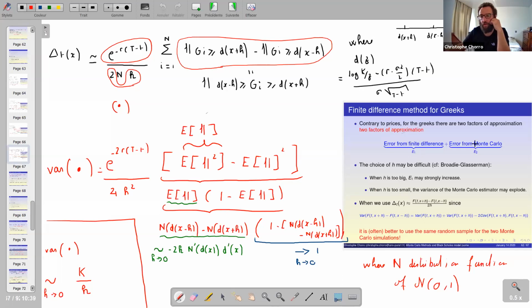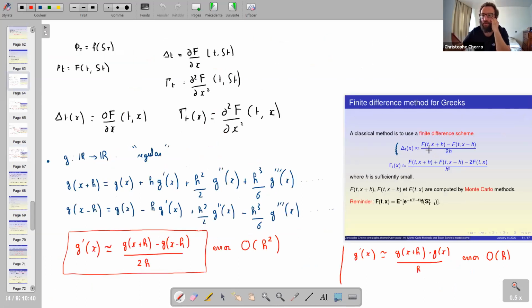Make this one small will make this one big, as I have seen in my example concerning the digital option. And a remark that I can make, relative to the next slide, is that the more regular capital F is in the initial condition, the more precise my approximation will be.